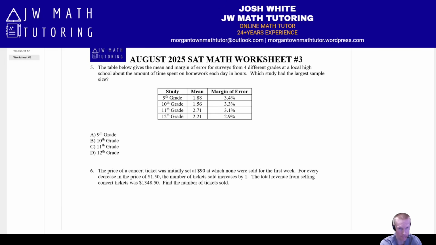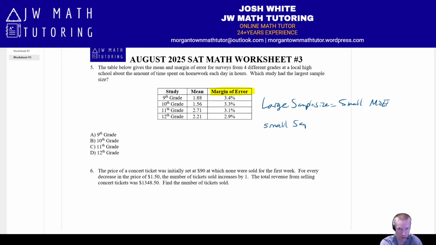Basically, all we need to know really is the margin of error value, because there's an inverse relationship between margin of error and sample size. So in other words, large sample size equals small margin of error. And the opposite is also true.